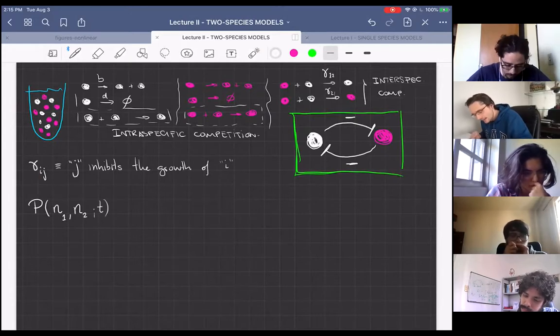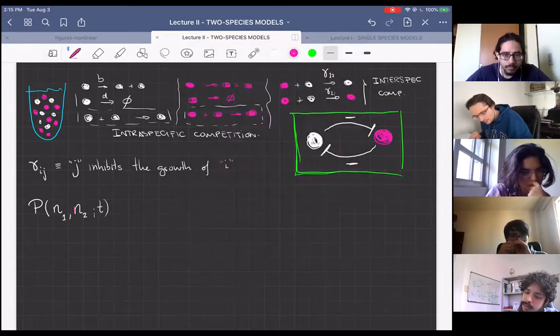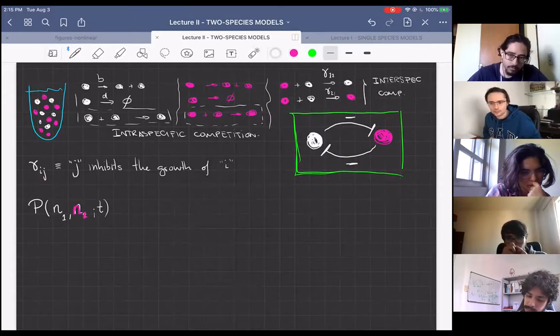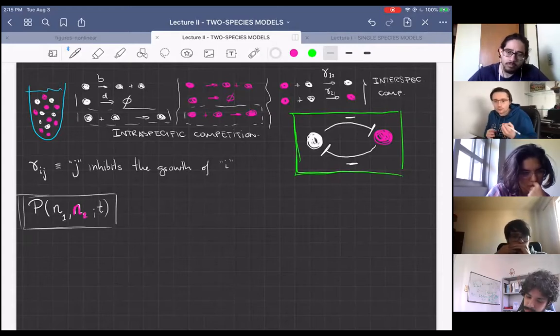And let's say that 1 is the white one and 2 is the pink, although that's not so important. So now my probability is, of course, two-dimensional. I have two variables. It's a bivariate probability distribution function because I have more than one species.